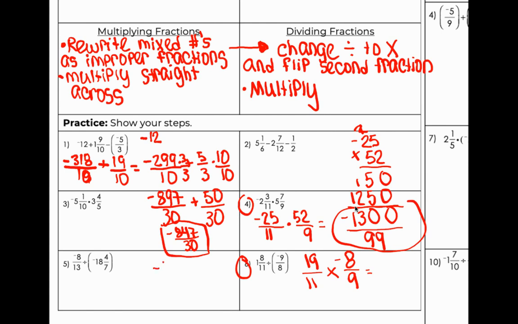So let's do 19 times 8 real quick. 72, carry the 7. So it's going to be 15. Negative 152 over 99. And again, good enough for now. Don't worry about simplifying. That's something we will work on at a later time.